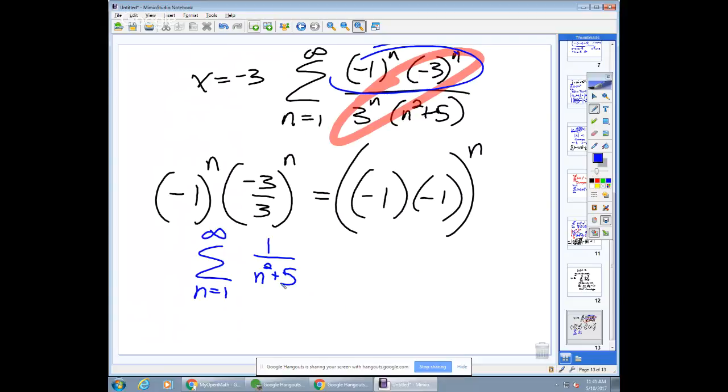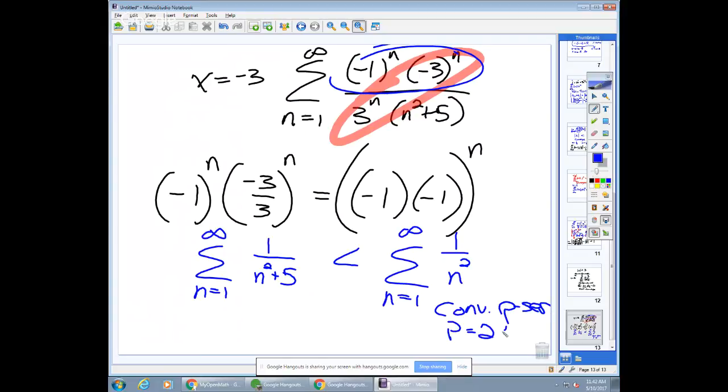Okay, what does experience tell us about that one right there? If the 5 wasn't there, it'd be a convergent p-series, right? Let's see. We just made the denominator bigger by adding 5. So this guy right here is less than the sum as n goes from 1 to infinity of 1 over n squared, which is a convergent p-series.